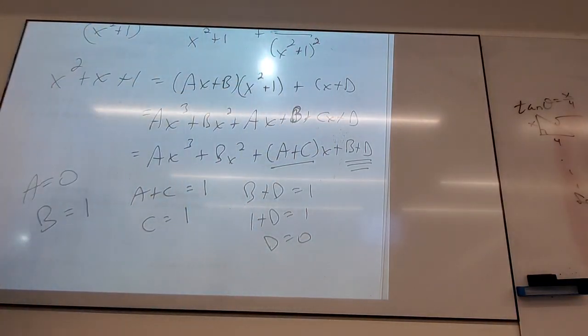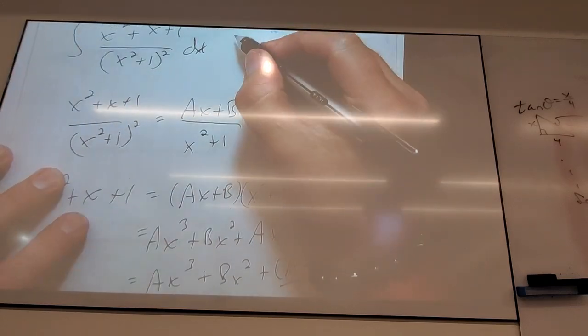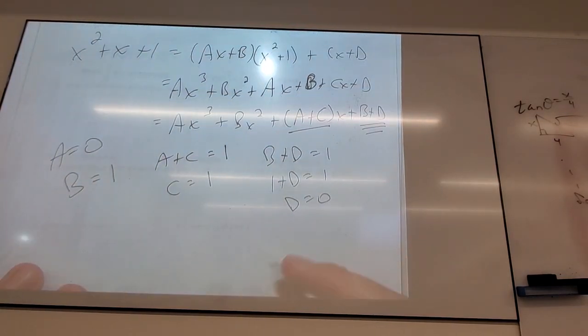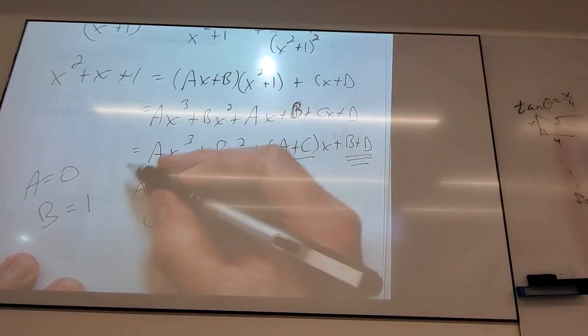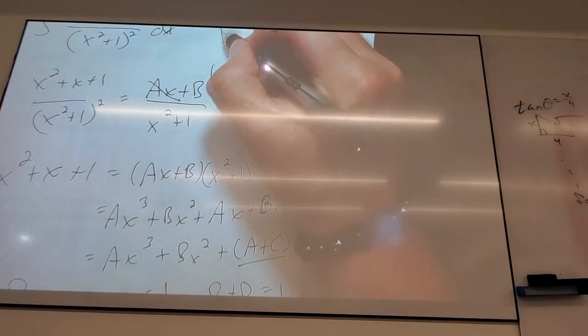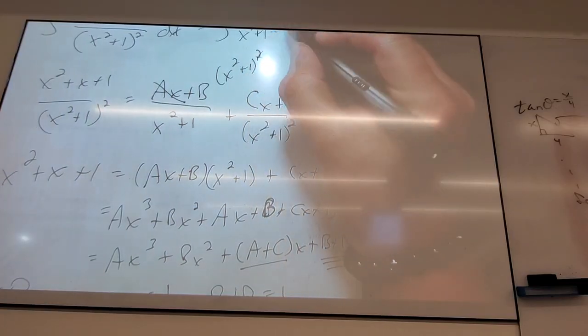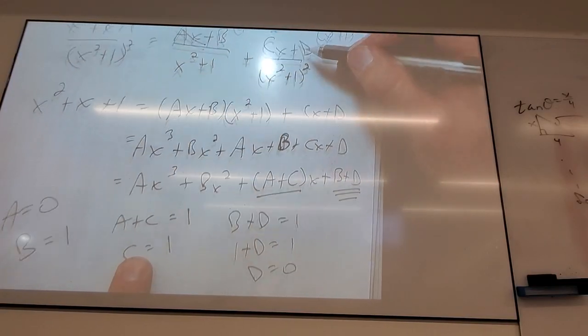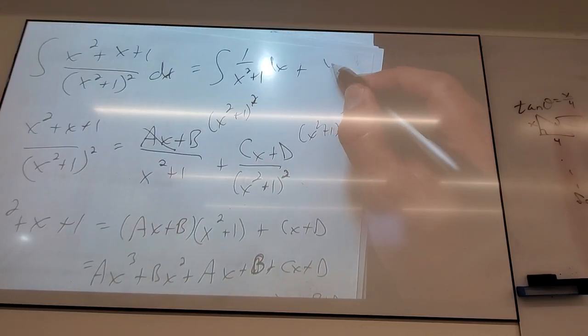So how do I rewrite this business then? How do I rewrite this? So let's see. A is 0. B is 1. C is 1. And D is 0.